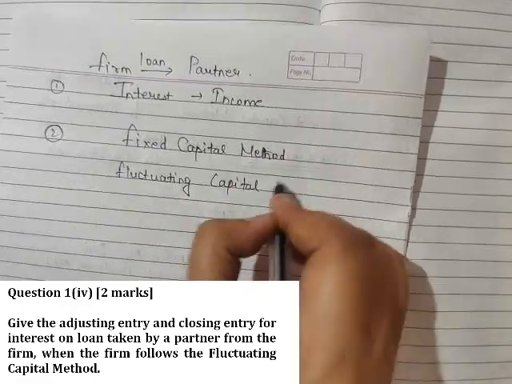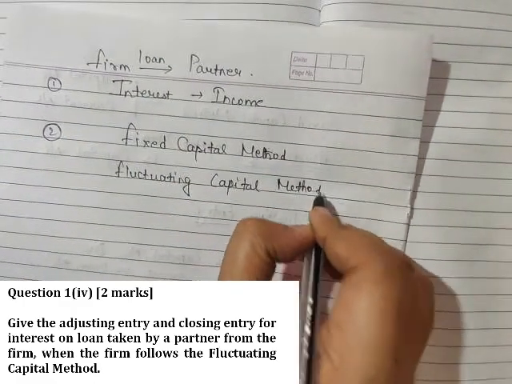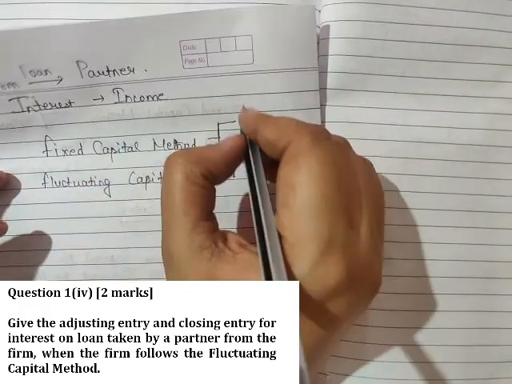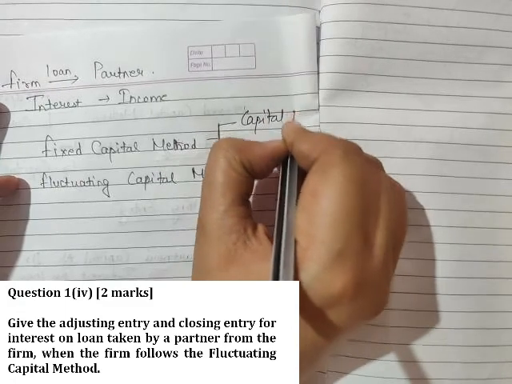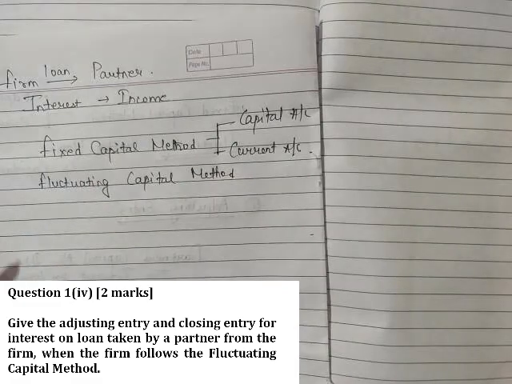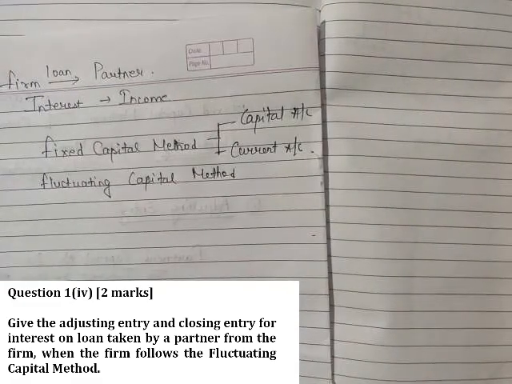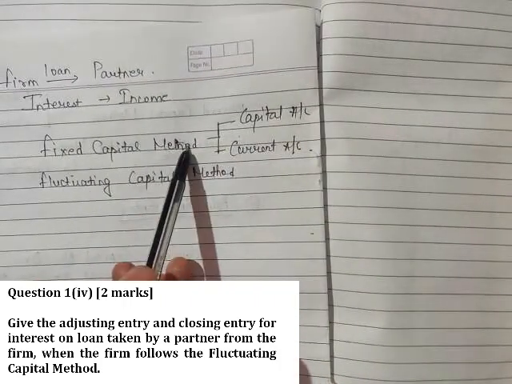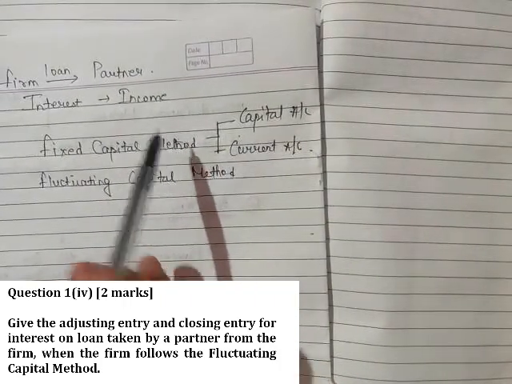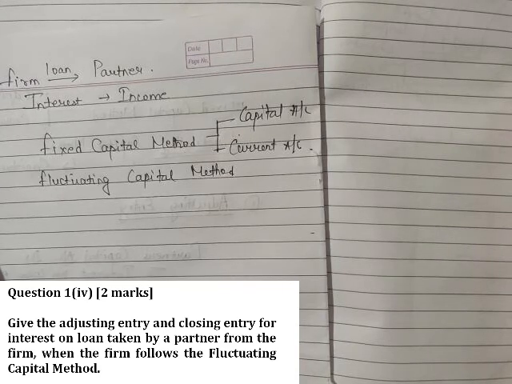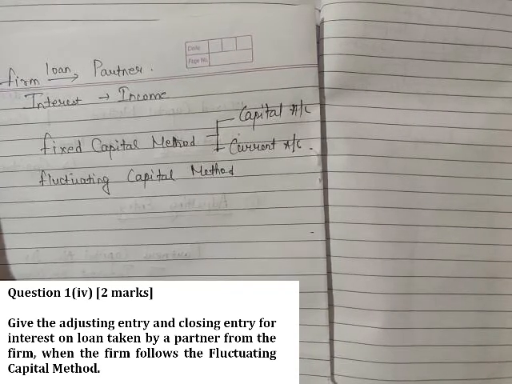Under fixed capital method, there are two accounts maintained for each partner: the capital account and the current account. Only addition or withdrawal from the capital is routed through the capital account. All other entries such as interest on drawings, interest on loan, remuneration, interest on capital, etc. are routed through the partner's current account.